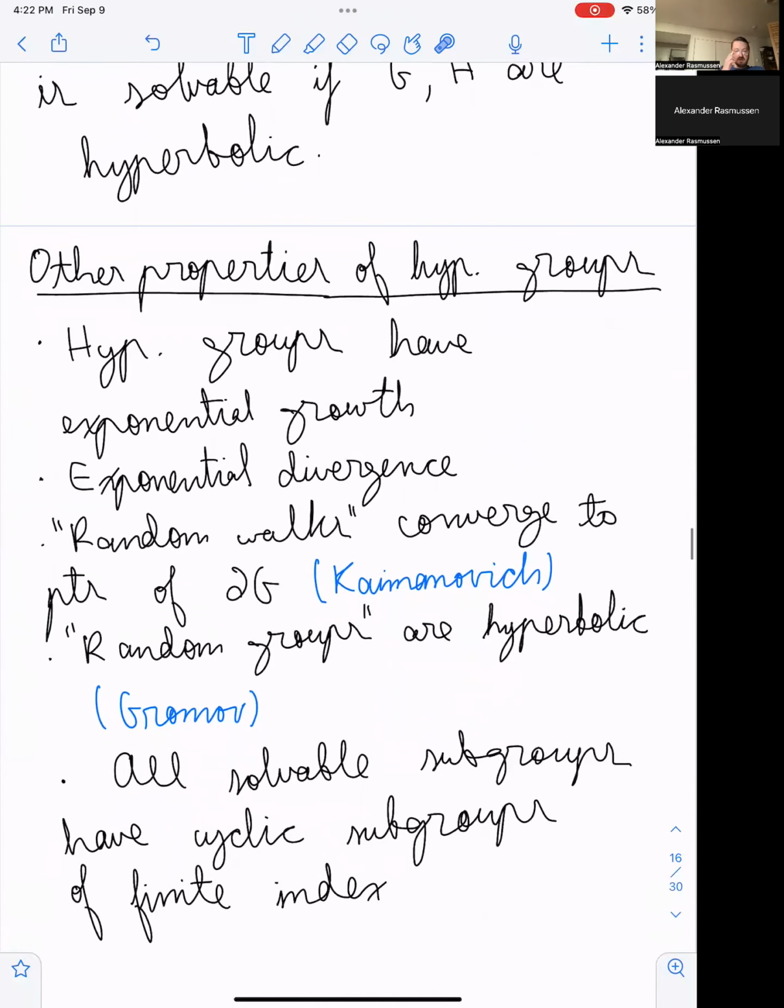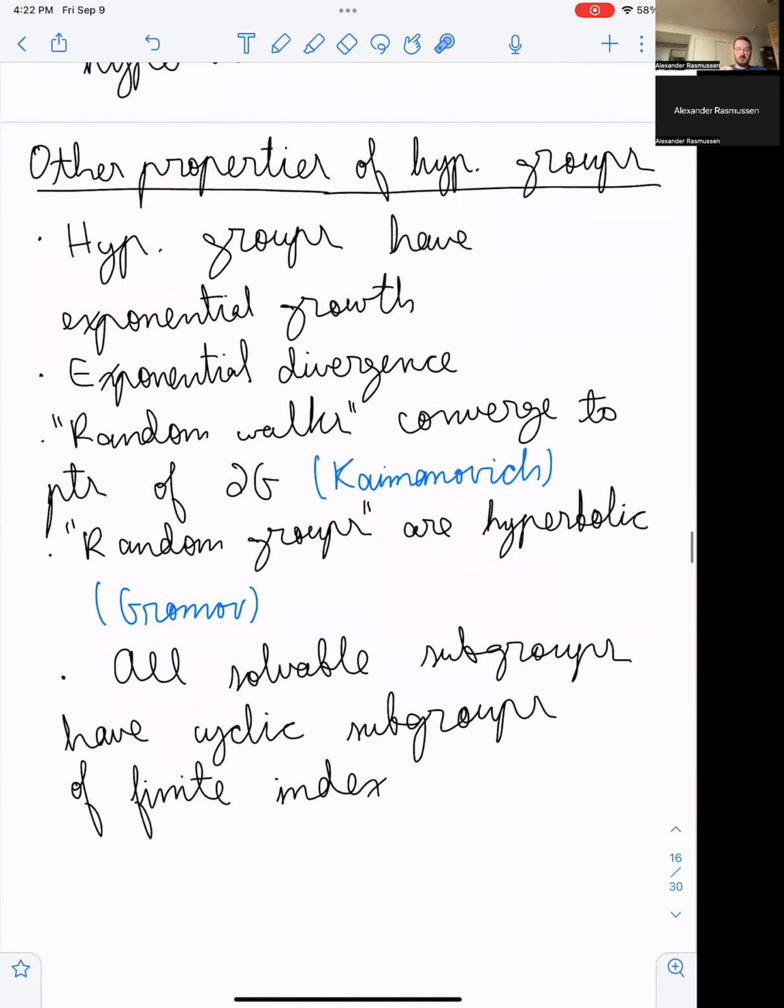So what other stuff is hyperbolicity good for? Well, tons of stuff. I mean, I could go on about this for a long time. Geometrically, hyperbolic groups have lots of really nice properties. They have exponential growth.